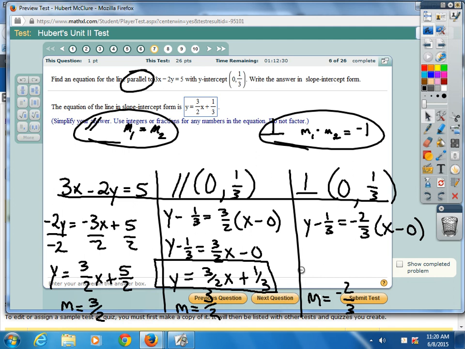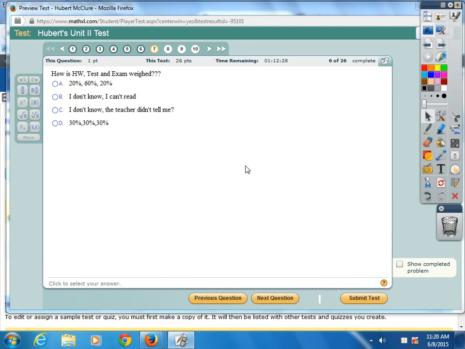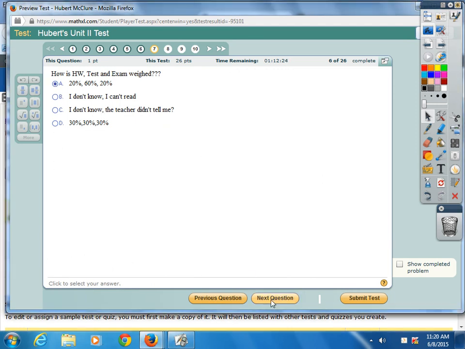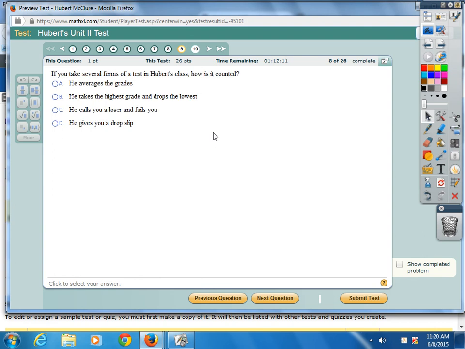Next question. 40, 30, 30. Hey, that actually works. When does the homework terminate? You've done it before the test starts. If you take several forms of a test in Hubert's class, how is it counted?